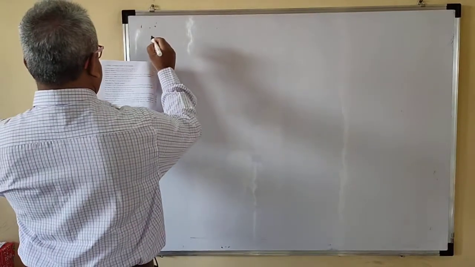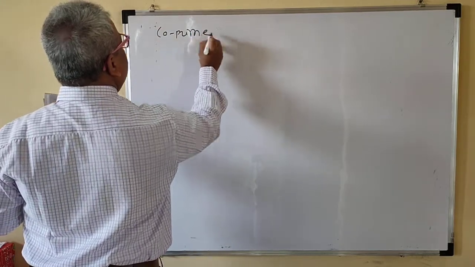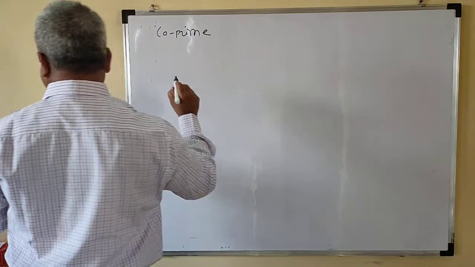Okay. So now we'll first define co-prime numbers.